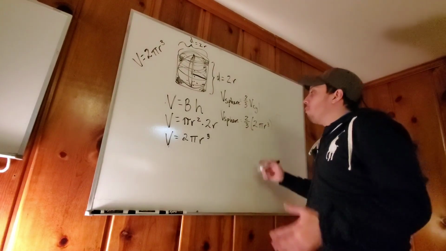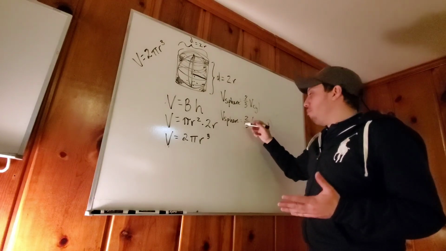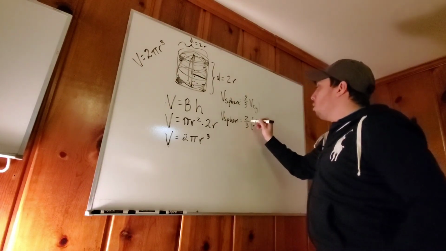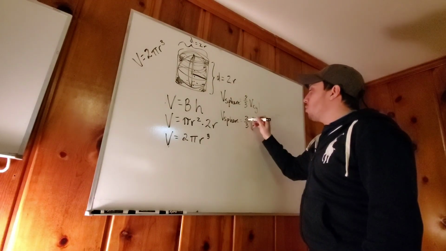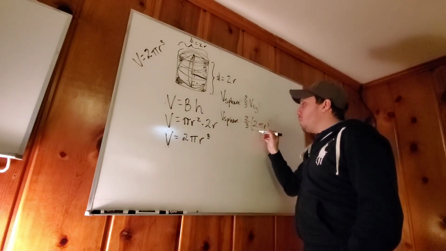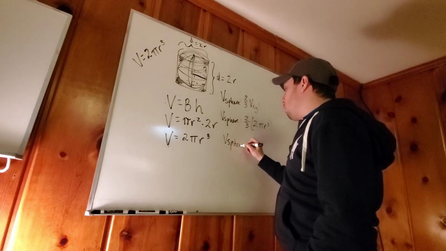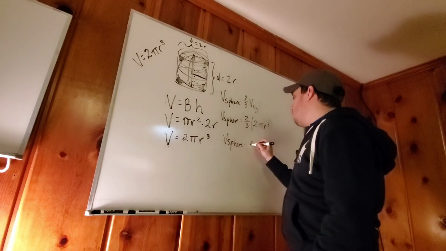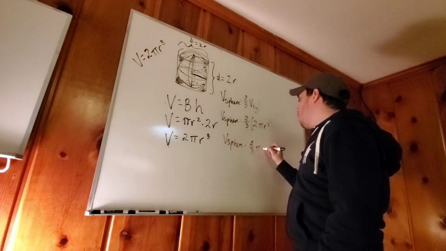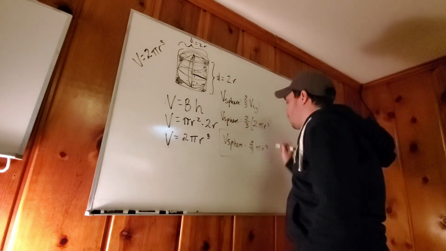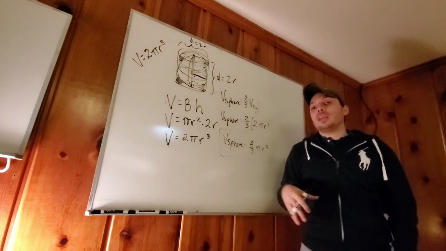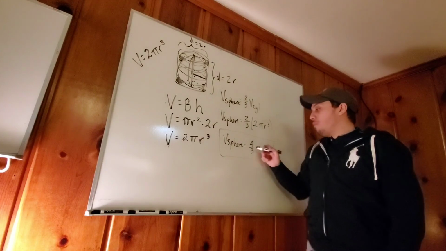But now we have to make it all into one. What is 2/3 times 2? Well, 2 times 2 is 4, and 3 times 1 is 3. So the volume of the sphere, and this is the formula that you have to memorize, is 4/3 pi radius cubed. That's how we find the volume of a sphere.